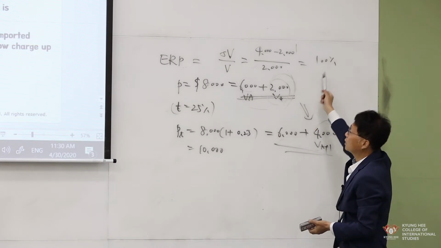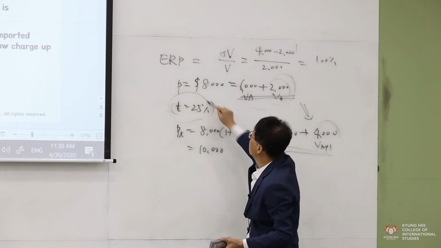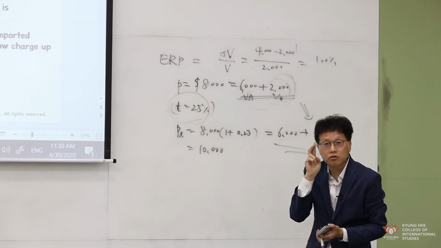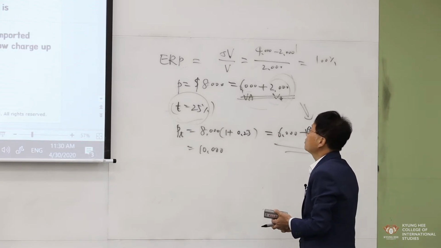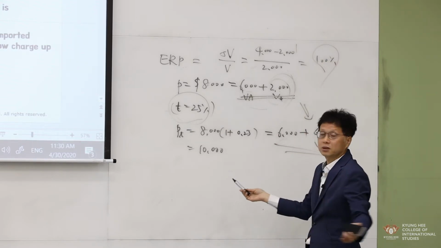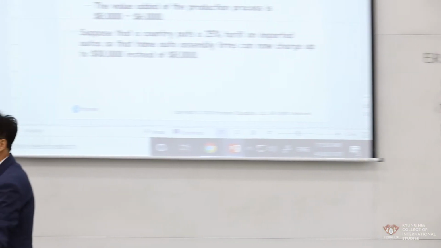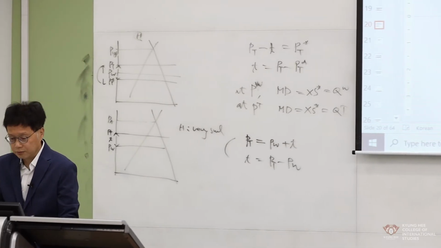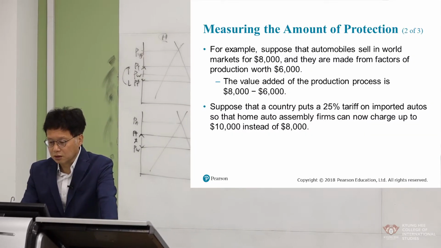That is the effective rate of protection. The nominal rate of protection is just 25%, but the effective rate of protection is 100%. Okay, we go back to our slide. Look at this.